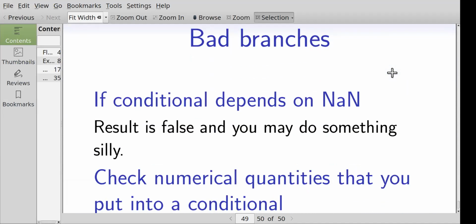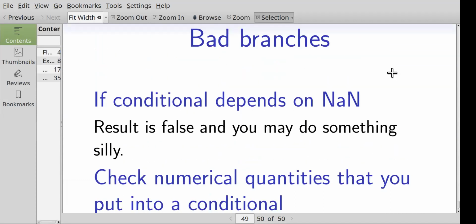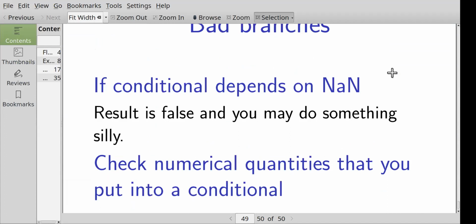Now, the other thing that you want to consider is that supposing you've got an if something, then you want to do something, and if not, then you want to do something else, right? And so what would happen if your conditional depends upon something which isn't a number?